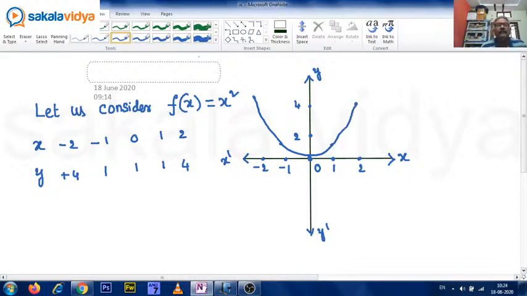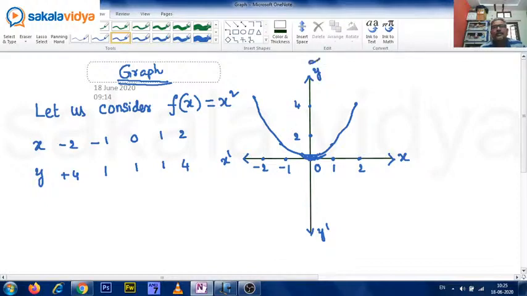So the graph of f of x equals x square is actually like this. It passes through the origin, right? So now on the y-axis, you check it.